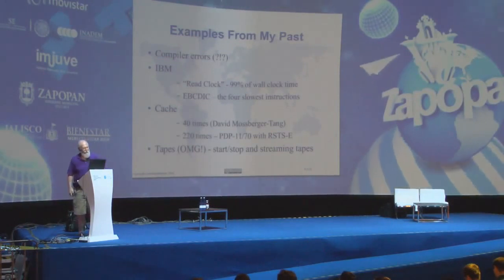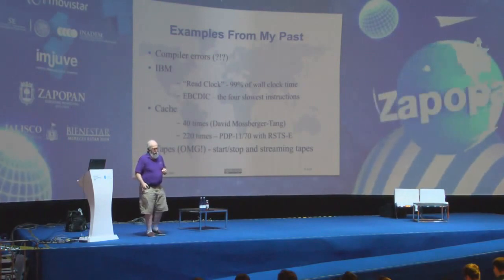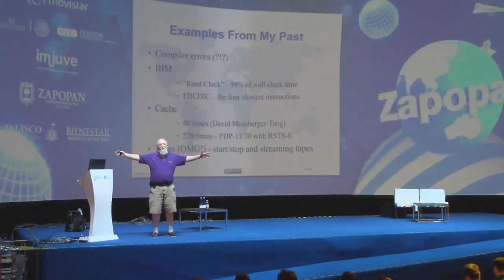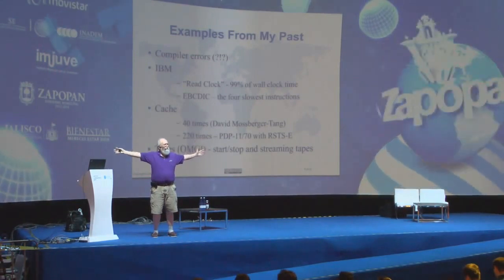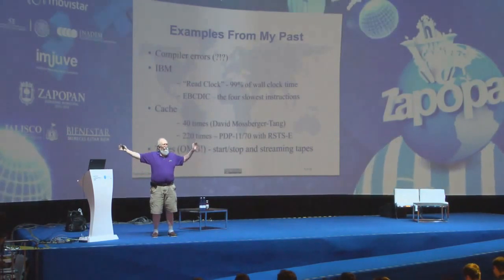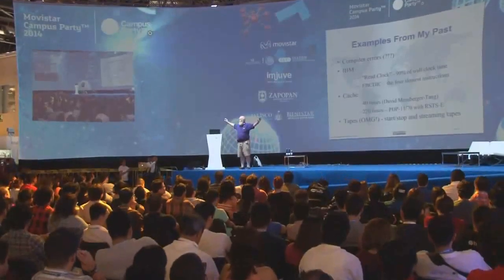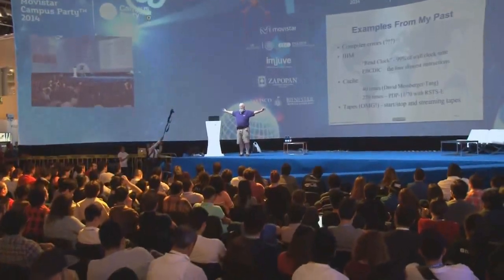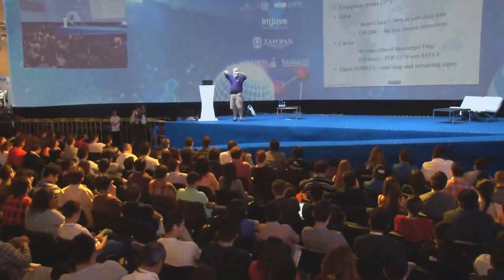I had another friend named David Mossberger Tang. And when we did the Alpha Linux project, he wanted to be able to have really large arrays multiplied together. You remember I said earlier, I'm only interested in real data, petabytes in size. Imagine two arrays, each one being a petabyte of data, and you're multiplying it together.